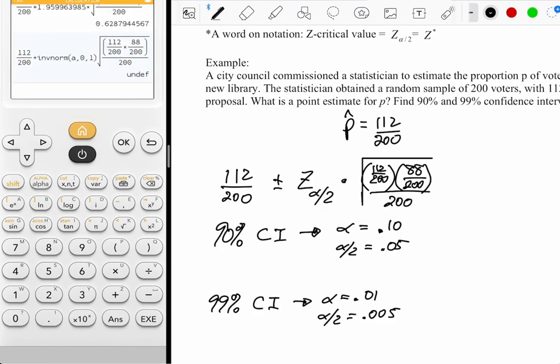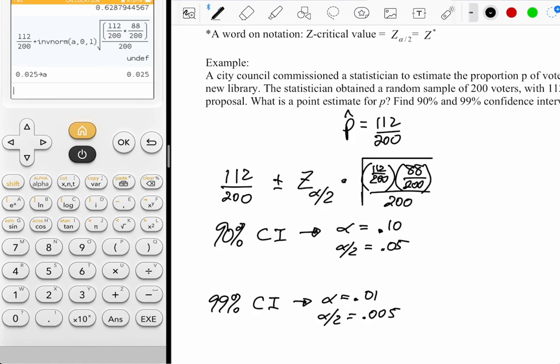All right. So it says undefined because I haven't defined A. But what I can do is I'll just do the previous example, the 0.025. I'll store that in right above the x to the y power key, this key here. If you hit shift and then that key, it brings in the arrow. So now anytime I hit A, oops, that's not an A. Now it's EA.